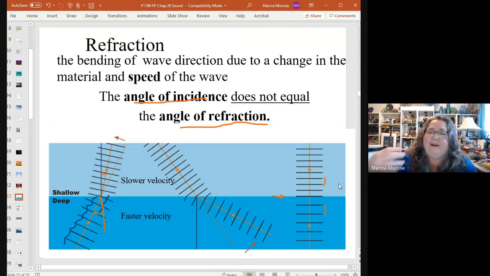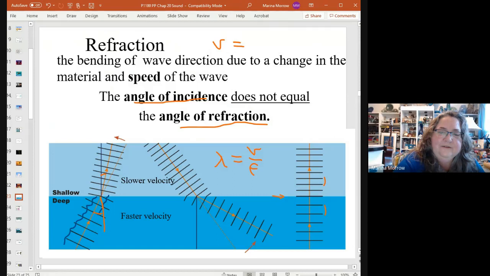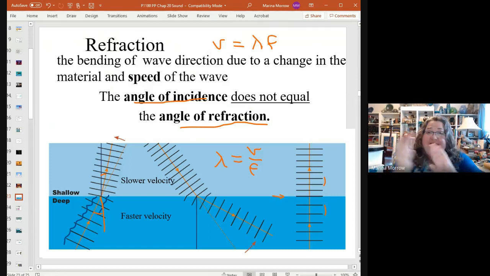And that, remember, has to do with the idea that the wavelength is going to be equal to the velocity divided by the frequency, right? From our old friend, velocity is wavelength times frequency. So what happens is if the velocity changes, but the frequency stays the same, those wavefronts are still hitting at the same time, right?